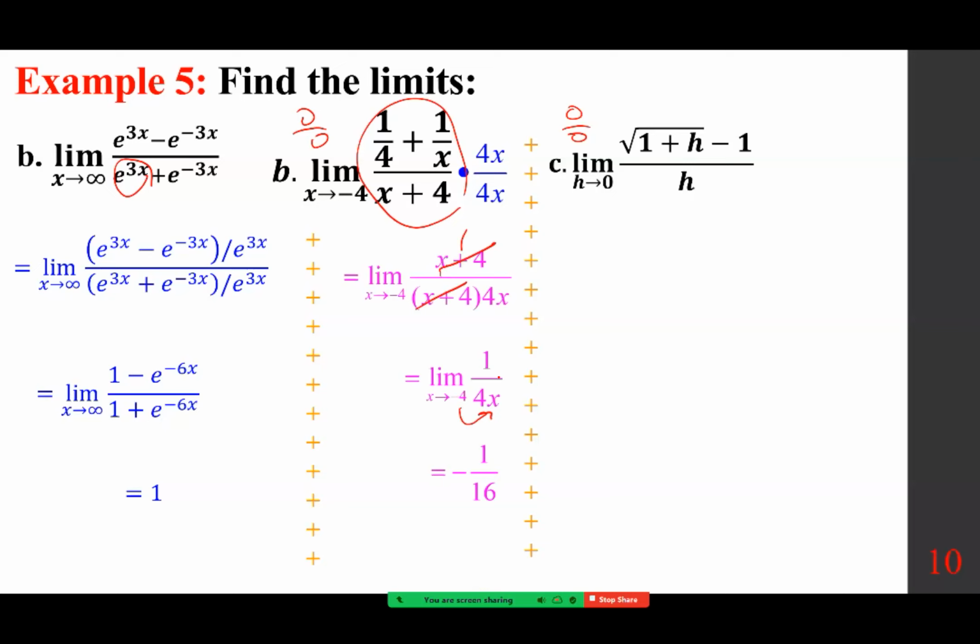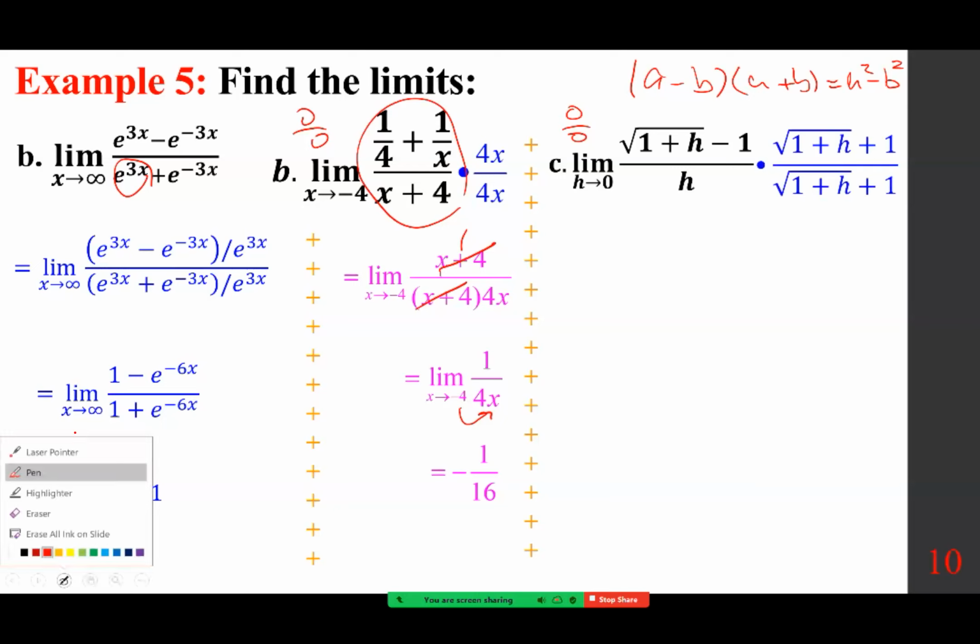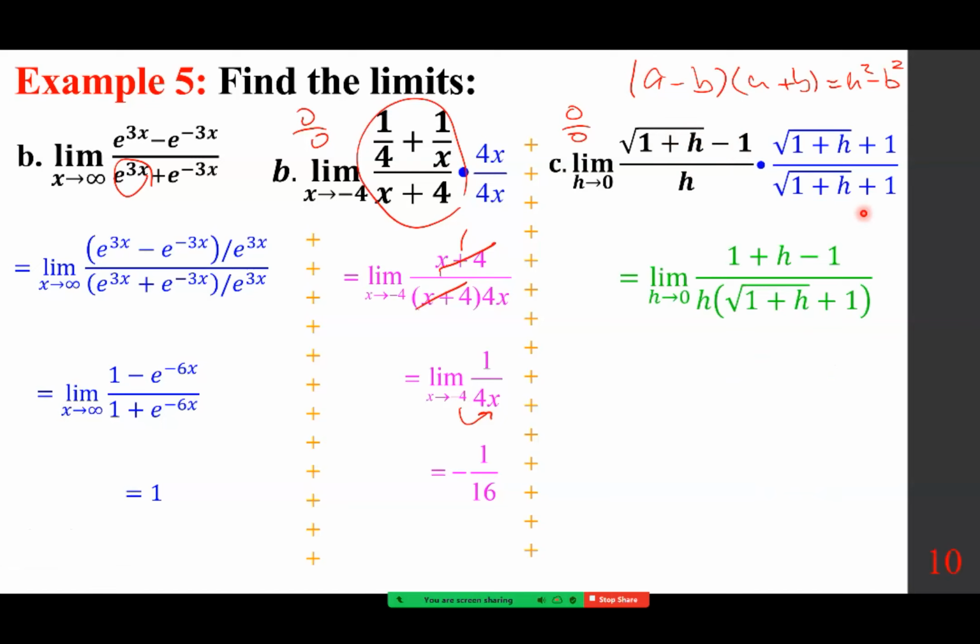For part C, we do the conjugate. A minus B, the conjugate is A plus B, A squared minus B squared. So what happens is this comes out minus 1, and the denominator, you write it as a product.